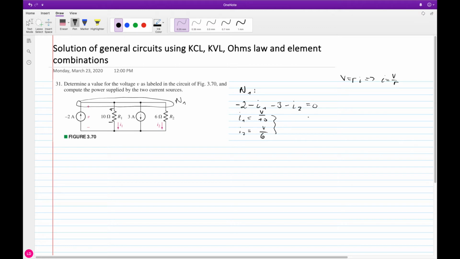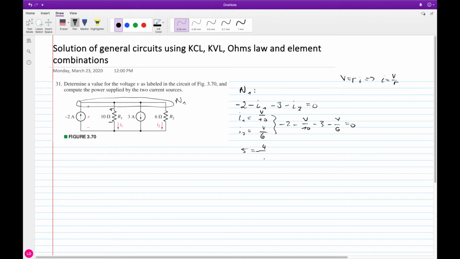With these two, I can rewrite this expression as follows: -2 minus I1, which is V over 10, minus 3 minus V over 6, and that should all be equal to 0. Now it's just a matter of algebra and doing things carefully. So let's just find V. 5 should be equal to, I carried these two to the other side, negative a tenth and a sixth, which should be equal to, let me use my trustworthy calculator, a tenth plus a sixth, 4/15.